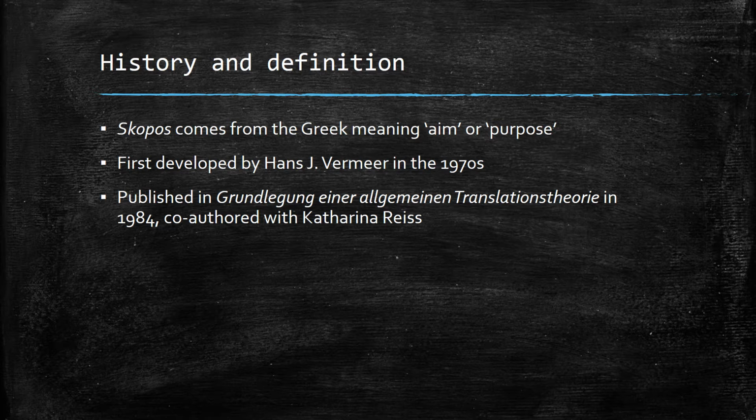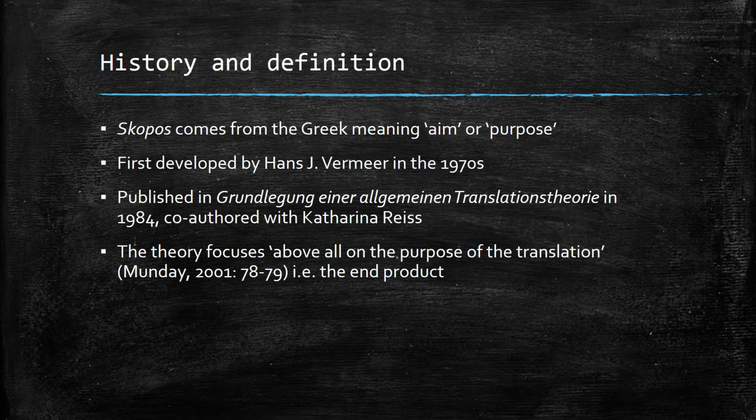Now, for the benefit of the non-German speakers amongst you, I will be referring to this book via the English references in Munday's book. The theory focuses above all on the purpose of the translation, i.e. the end product. Hence, the word skopos, aim or purpose. We are really looking at the aim or the purpose of the target text.